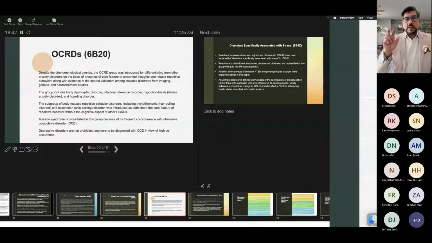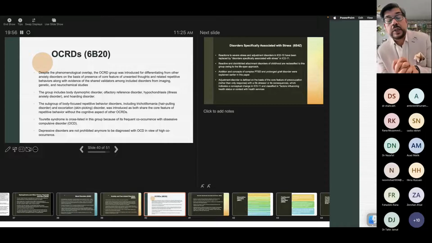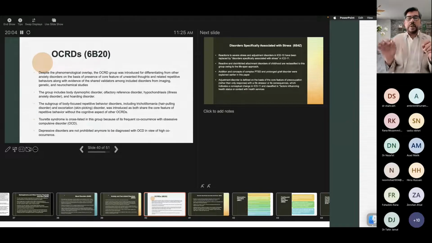So the Tourette syndrome is present somewhere else, but it is quoted inside OCRDs as well. And depressive disorders are not prohibited anymore to be diagnosed with OCD in view of high co-occurrence. So previously we were always saying that this is a person suffering from OCD with depressive symptoms. Now you don't have to say it. You say OCRD or OCD. You don't have to mention depressive symptoms otherwise as well.